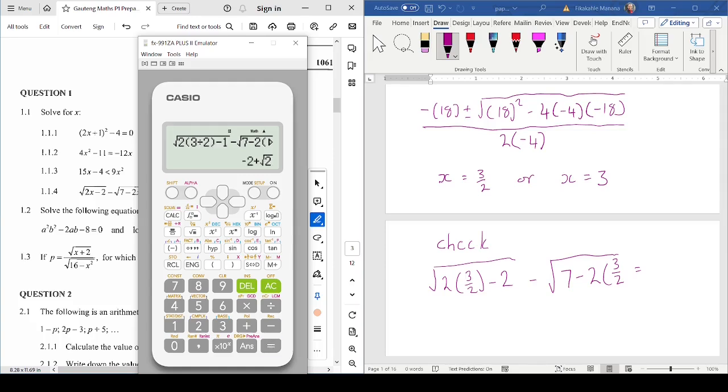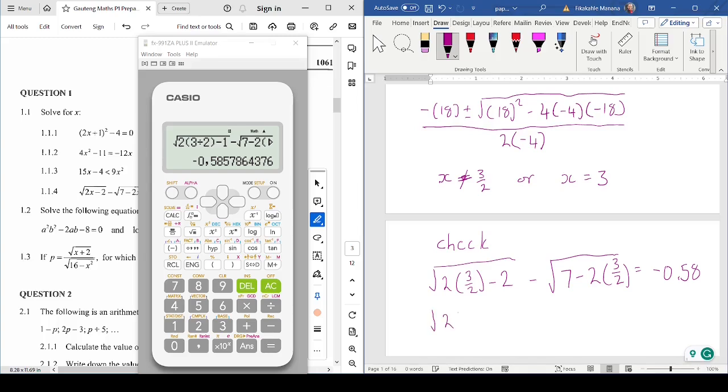What answer does this give us? Ooh, this is not 1. It gives us minus 0.58, which means we must reject this x value. So x is not equal to 3 over 2.